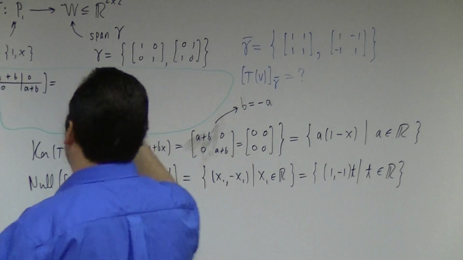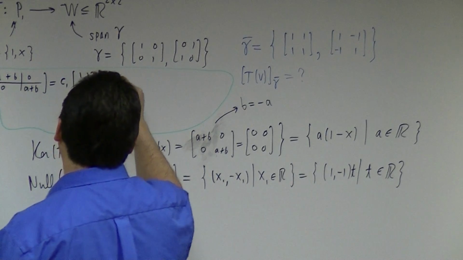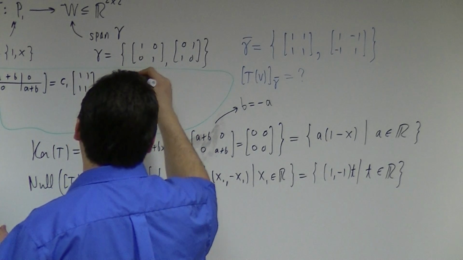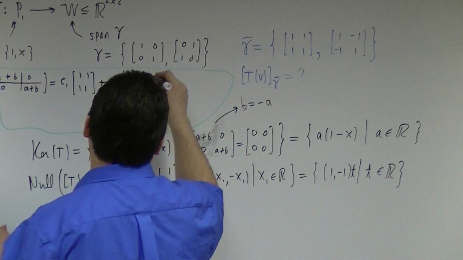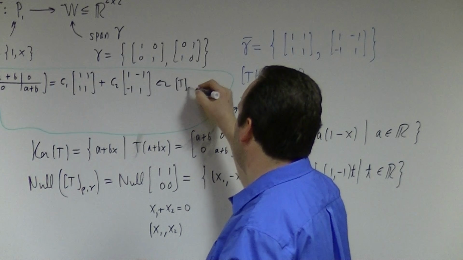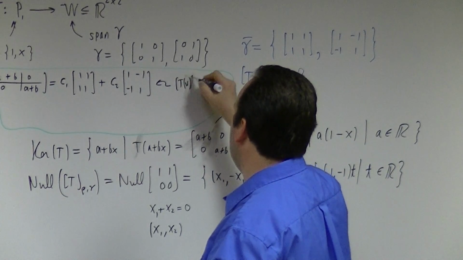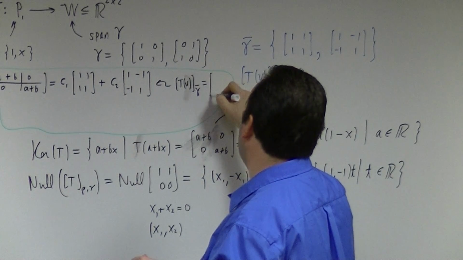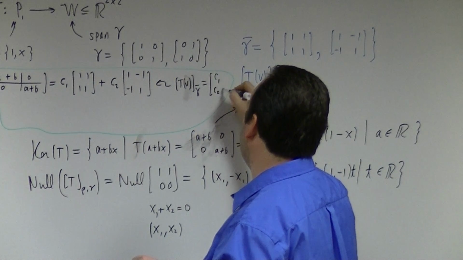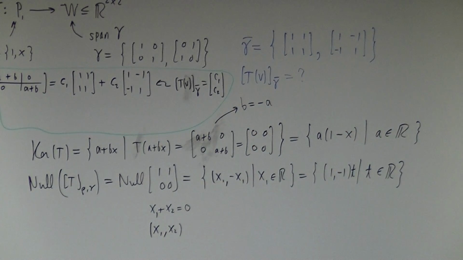Equal to say C1 times (1, 1, 1, 1) plus C2 times (1, minus 1, minus 1, 1). This will be T of B gamma bar, equal to C1, C2, right? So can you tell me what C1 and C2 should be then?